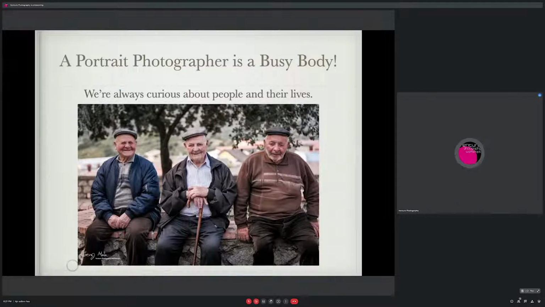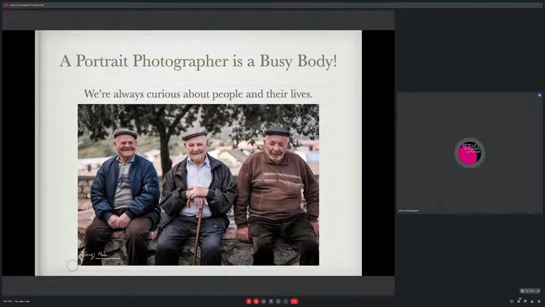I think a portrait photographer needs to be someone who is incurably curious about people and their lives. Whether it's people watching or whether it's speaking to someone, asking them a myriad of questions to plumb the depths of their past, their background, their stories, their lives, and so on and so forth.